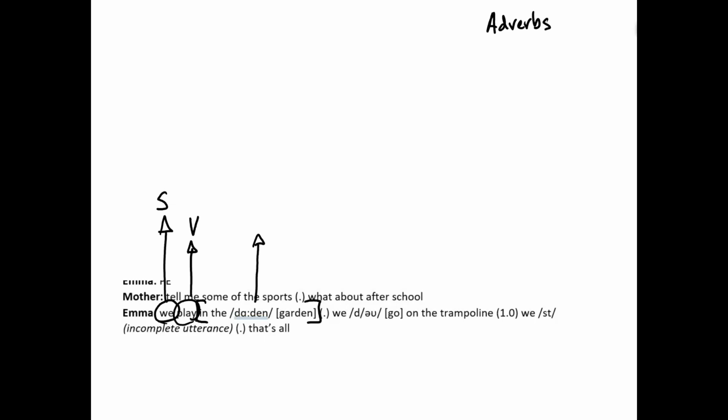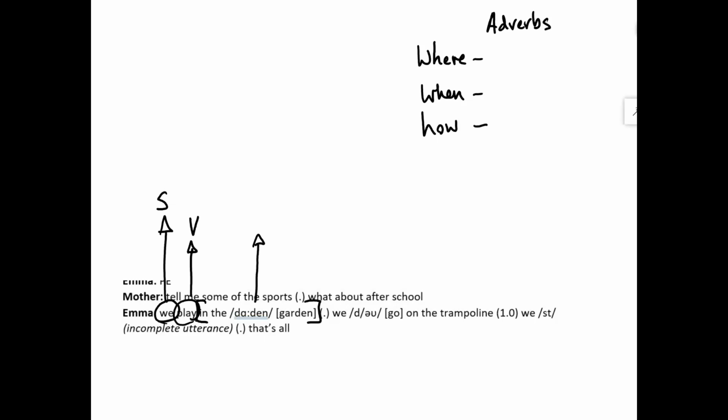Adverbs, what do they do? Well, they answer a question that the listener or the reader might have in their mind. They will often tell you where something happens. They will often tell you when something happens. And probably most traditionally for adverbs, they might tell you how something happens.